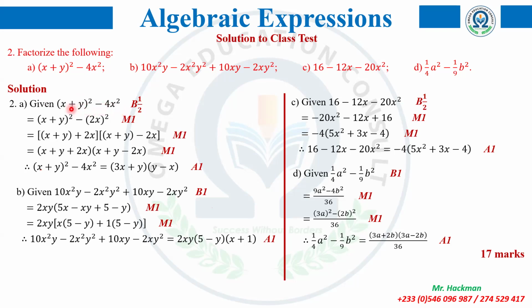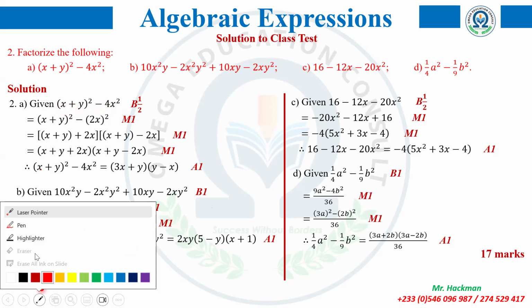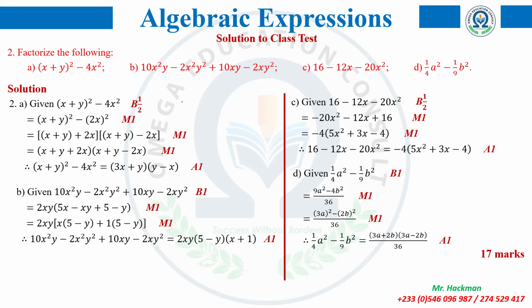And for difference of two squares factorization, we know that if I have a squared minus b squared, this will give us a plus b as one factor, then a minus b as the other factor.